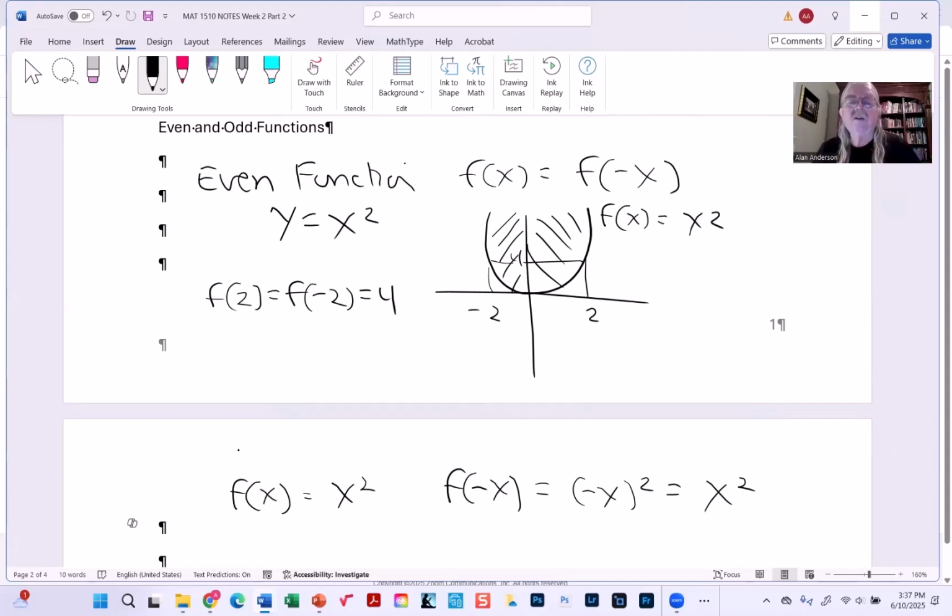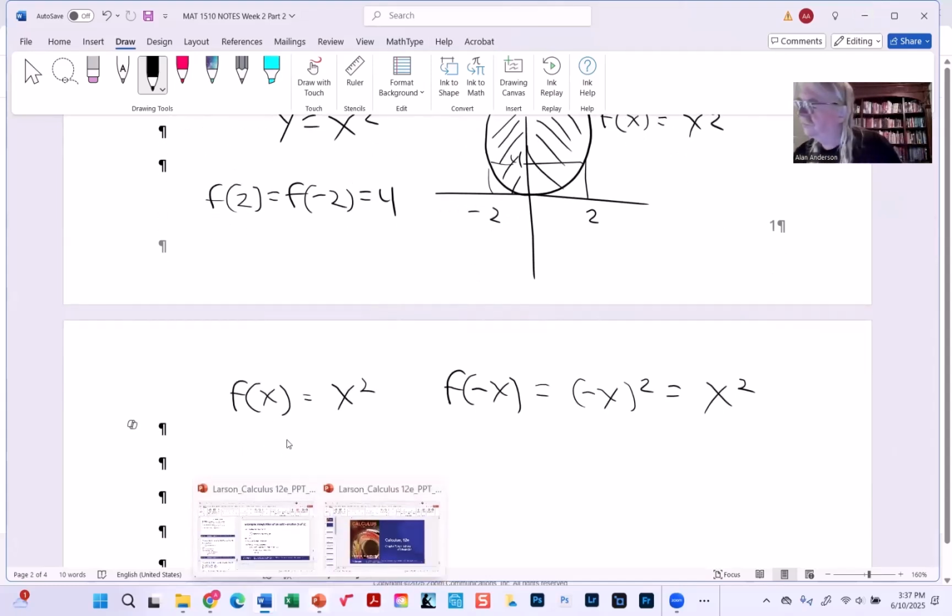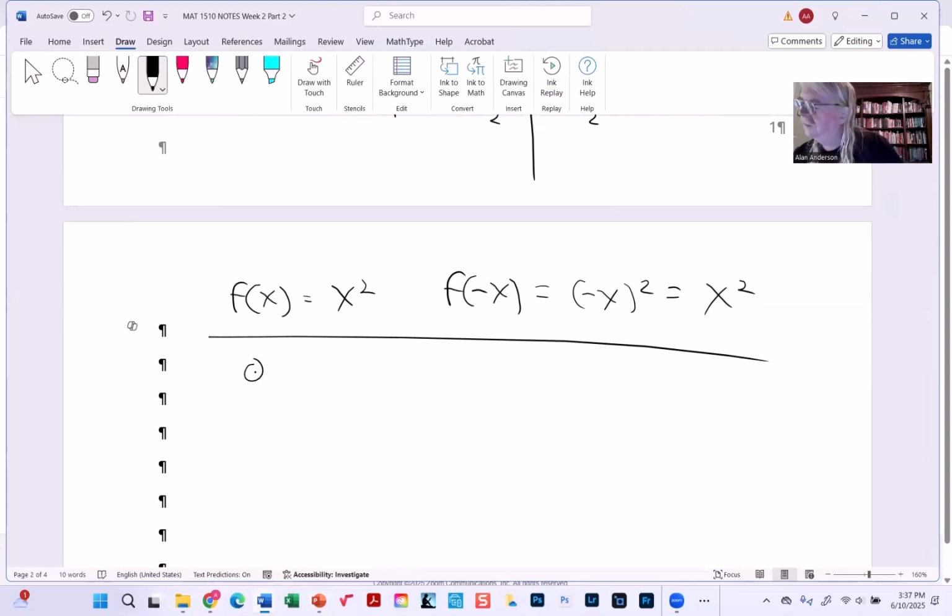So now an odd function means that for every x in the domain, we have this result.